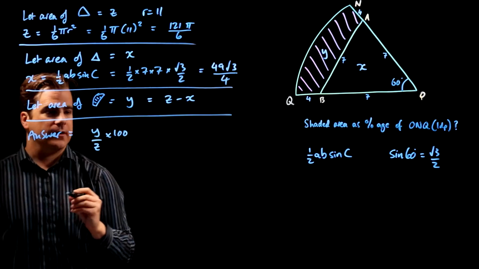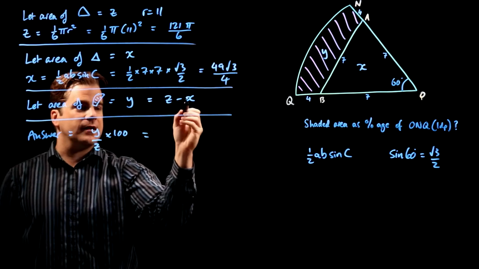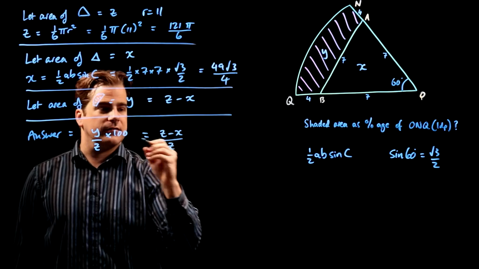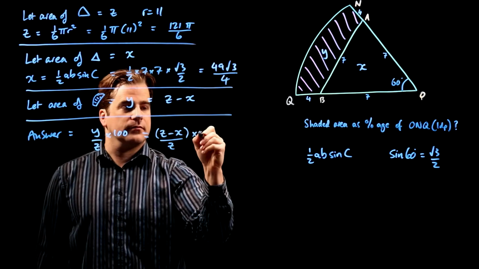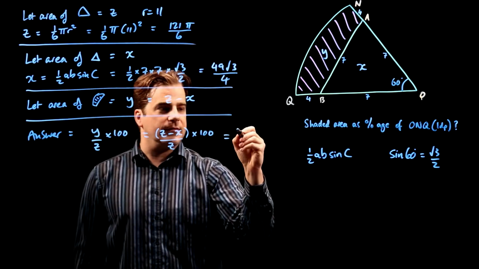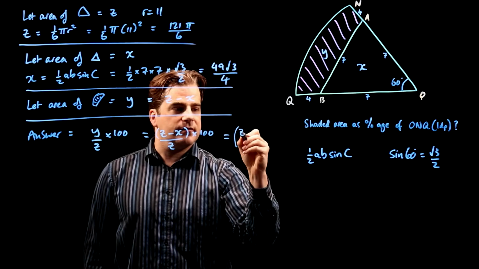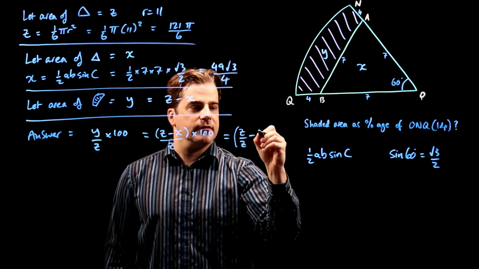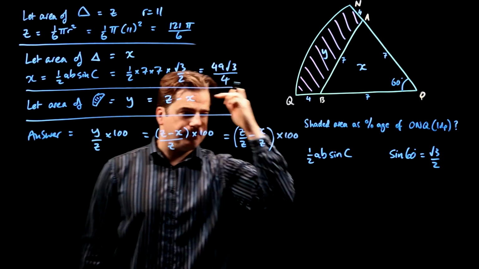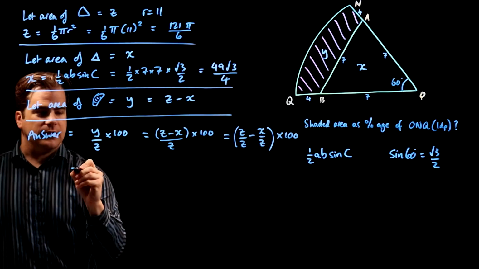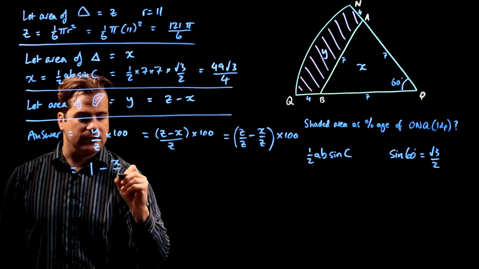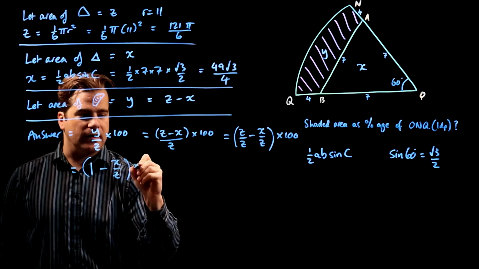Now, Y is Z minus X, so it becomes Z minus X all over Z times 100. That's the same as Z over Z minus X over Z times 100. Which is, Z over Z is 1, minus X over Z, all times 100.